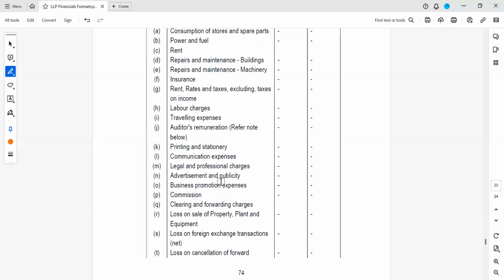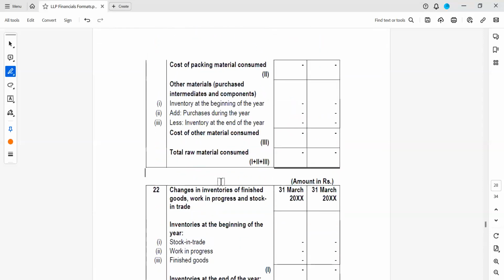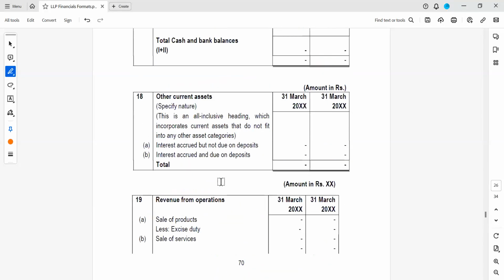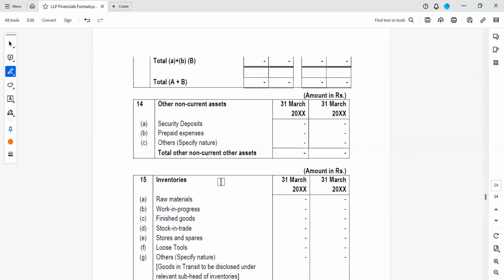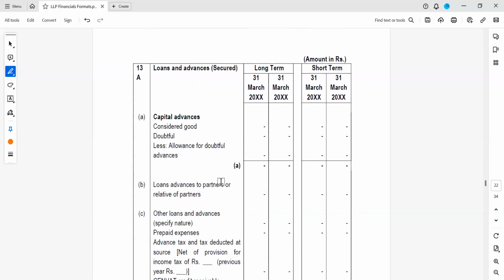Now I will quickly show you a company's balance sheet in Excel, how I prepare it, so that it may give some value to you.